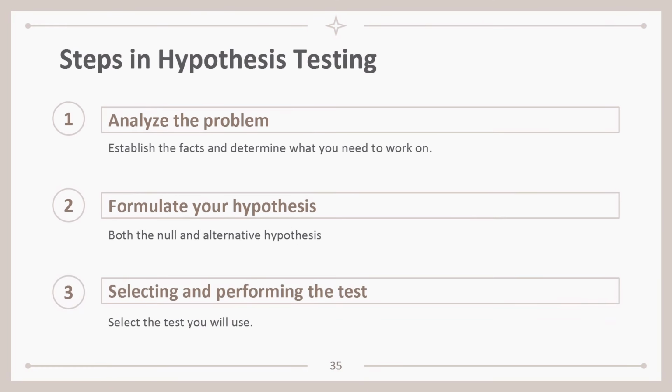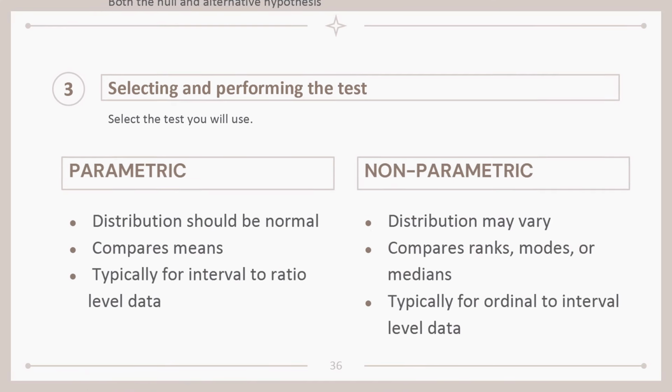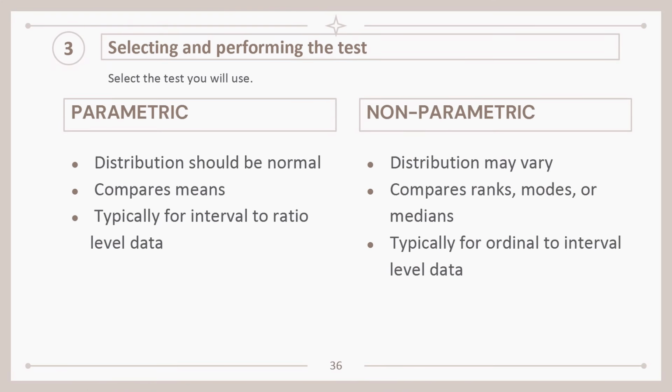The second to the last step we're going to be discussing is selecting and performing the test. In this case, you would have to select the test that you want to use, either a parametric or a non-parametric test. That would depend heavily on the data that you are working with, and of course on the distribution of the data, as well as the interactions that you're trying to look for.